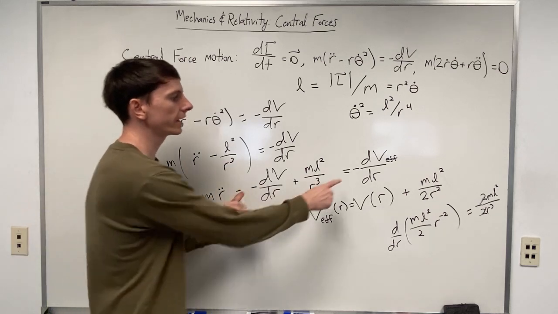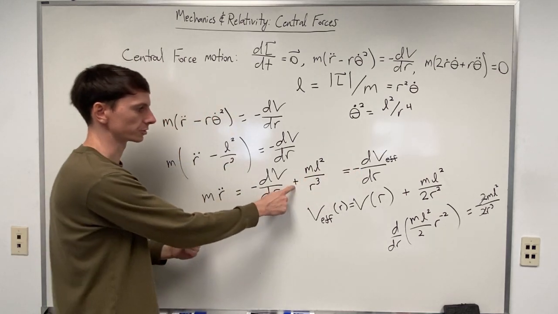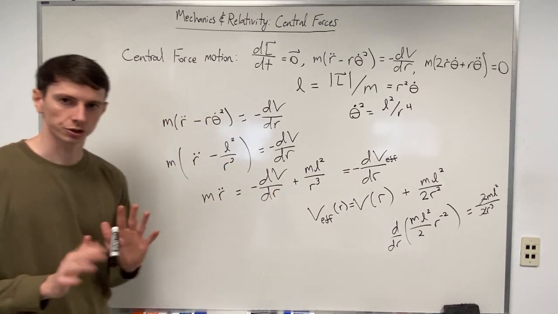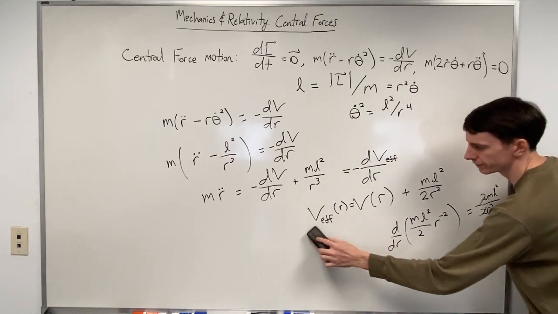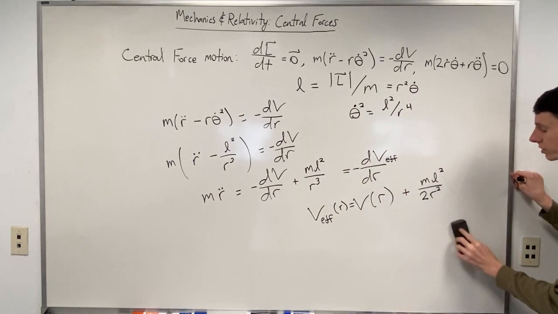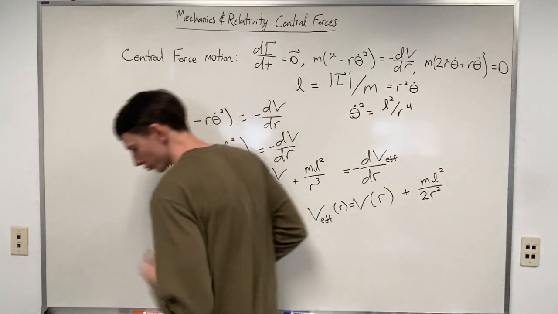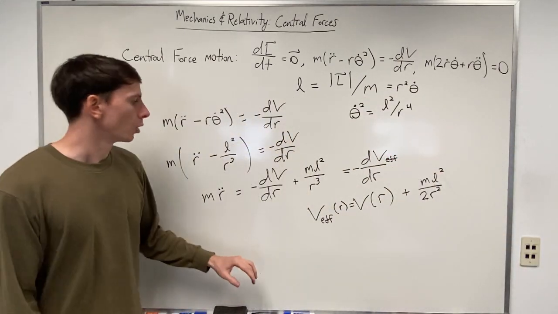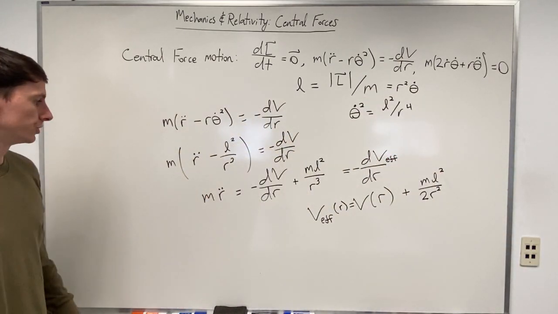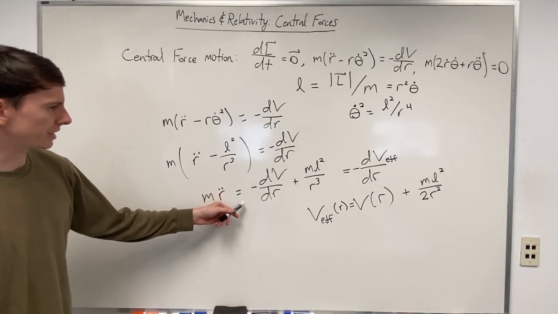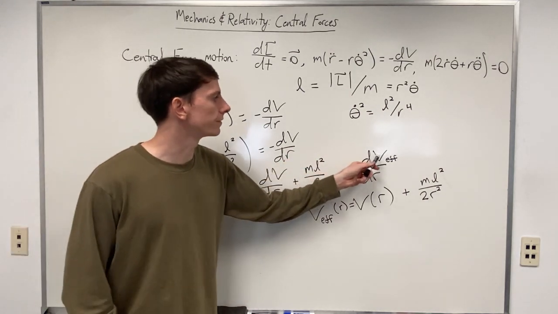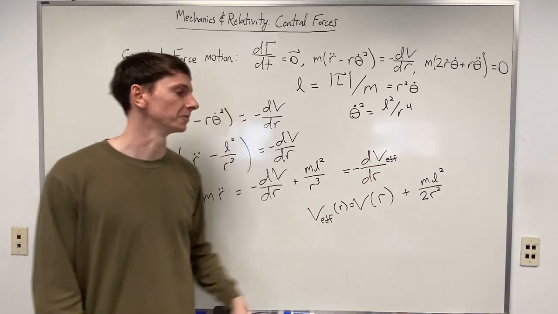Then you have another negative out front, which makes this a plus sign. So the basic idea is that if you define an effective potential in terms of the actual potential, the original potential energy of the system, then m r double dot is equal to the negative derivative of an effective potential.